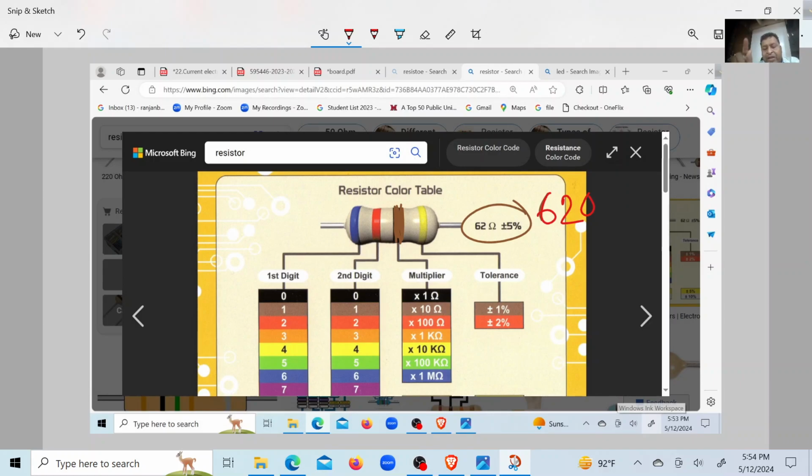Brown is 1, that means 10 to the power 1, multiply it by 10 to the power 1. So it would be 620 ohm. It is gold, 5% plus minus. That's it.